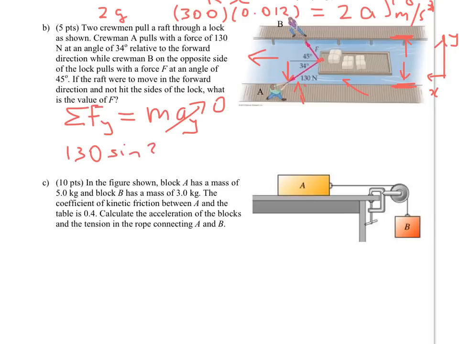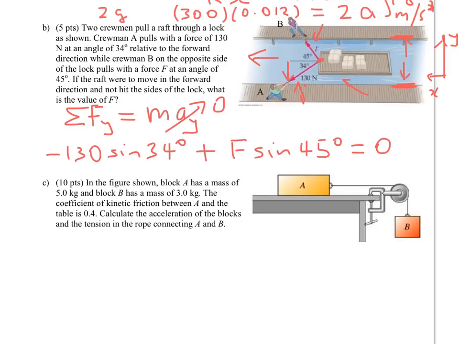Now, because it's downwards, the component is negative. You add to that the y component of the other force, which is the unknown. Once again, it is opposite the 45-degree angle, and now it is positive, so I add a positive thing, and this sums to 0.